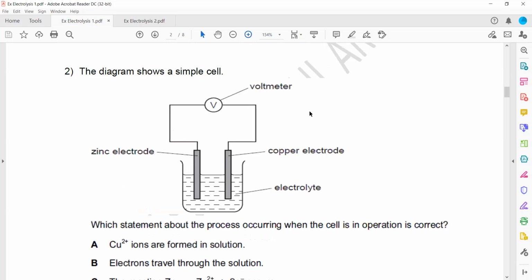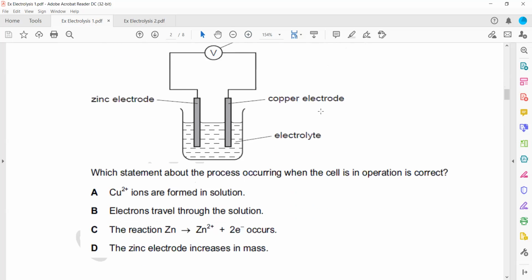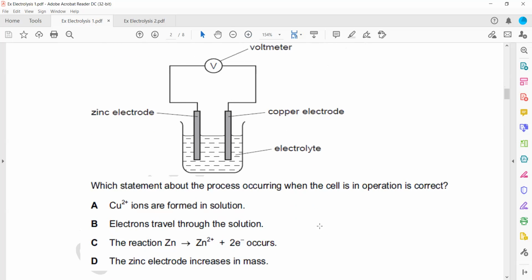So when you check the options and sort out how the cell is working, we have a zinc electrode and a copper electrode. Zinc is more reactive. So the zinc atoms will go into the solution as zinc ions. That is the first thing that happens.